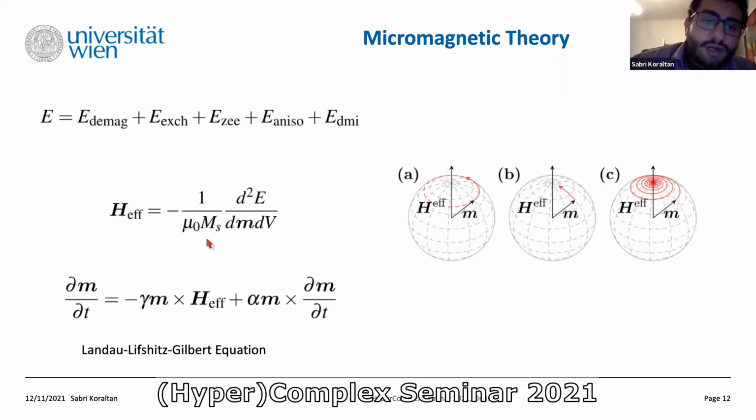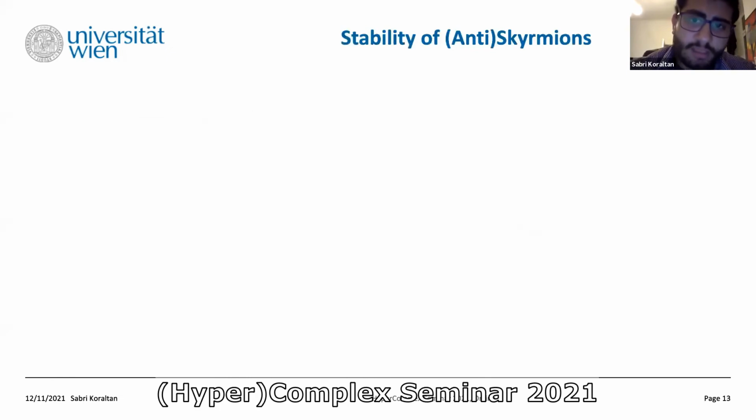And here, through material parameters such as saturation magnetization, exchange stiffness, external field strength, anisotropy constant or DMI constant, we can include these energies in our micromagnetic codes. First of all, we would like to investigate in which range the antiskyrmions or skyrmions are stable.